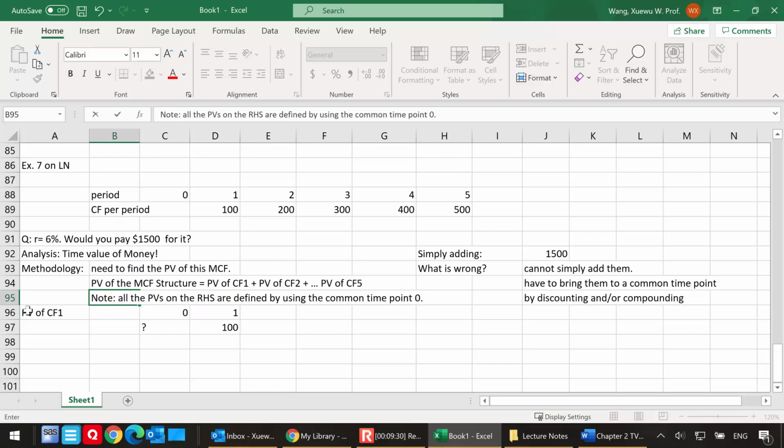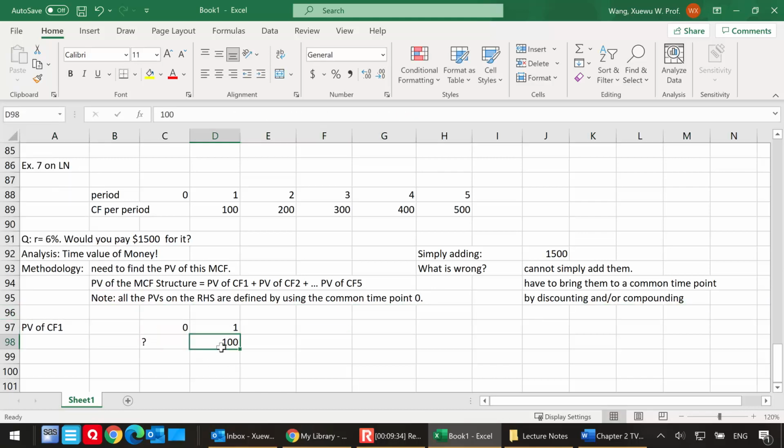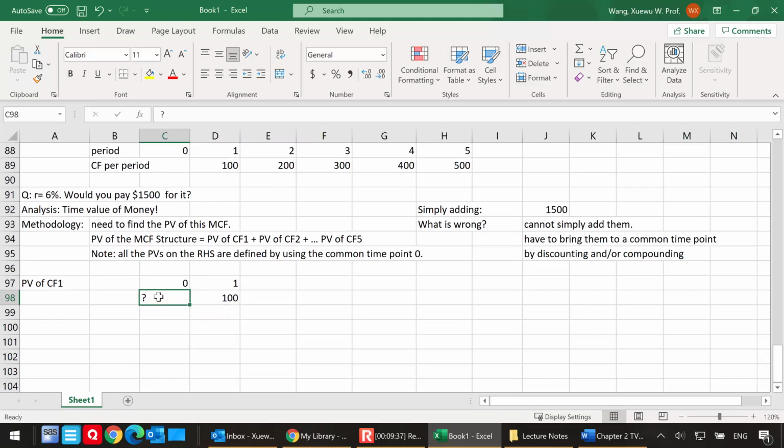All right, so if that's the case, let me just insert one more row here. So this is the first 100, and I want to get the present value of this one here. So I know if I want to do the discounting, back to the treatment for single cash flows, the present value of a given future value is the future value divided by 1 plus r, which is 6%, raised to the power of 1, because the first 100 will be received in one period.